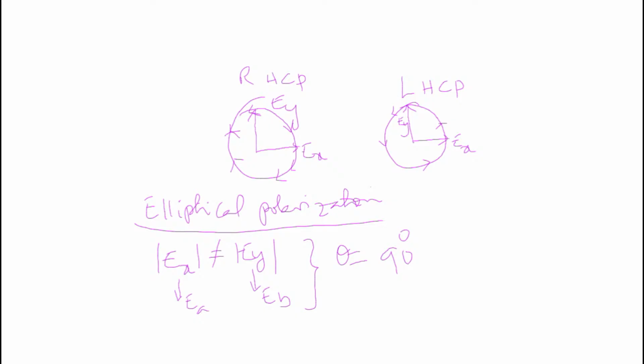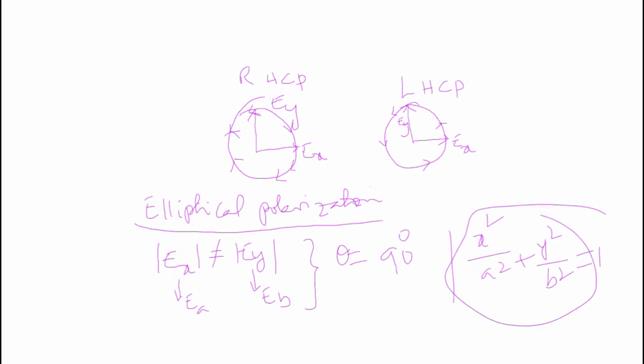Now, let us see the equation of ellipse. The equation of ellipse is x square by a square plus y square by b square equal to 1. If you take the Ex component and Ey component, we have to get this ellipse equation.